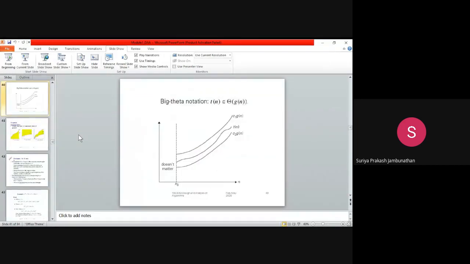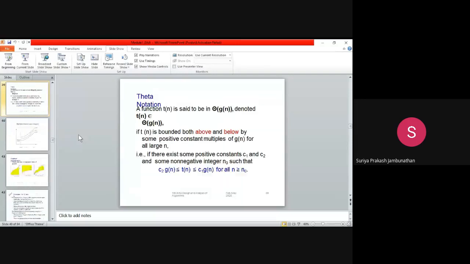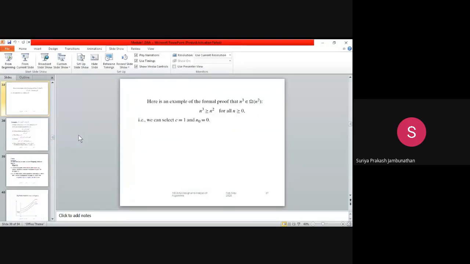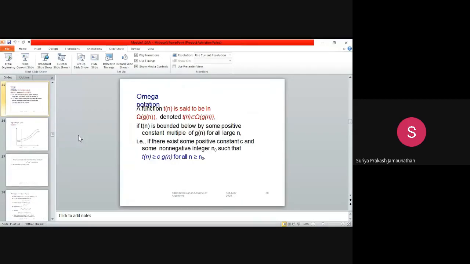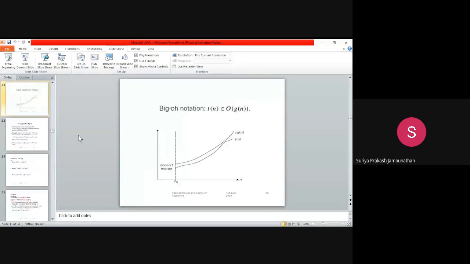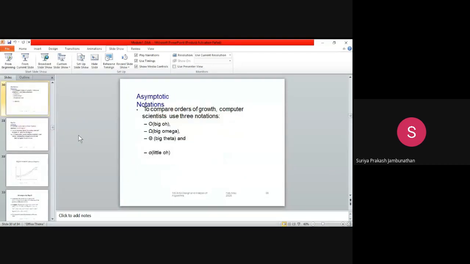I will show the particular PPT. According to the growth of the particular algorithm, we have 3 different notations: big O, big omega, and big theta.